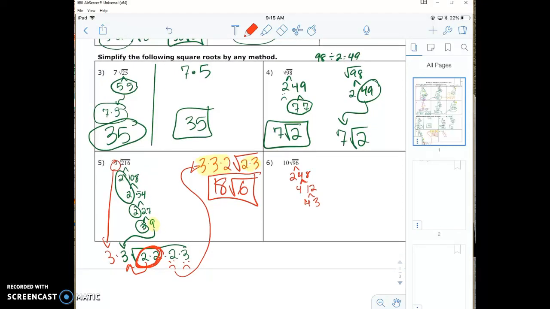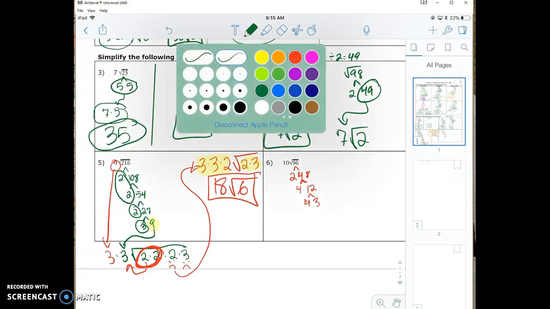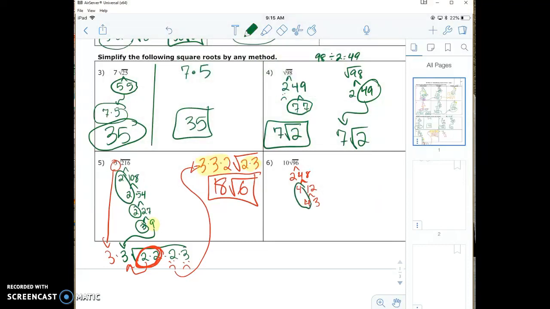I know that 4 is not prime, and it could continue to be broken up into prime numbers. But notice, I already have a pair. So I'm going to put my pair outside my radical. The 2 and the 3 are left over inside my radical.